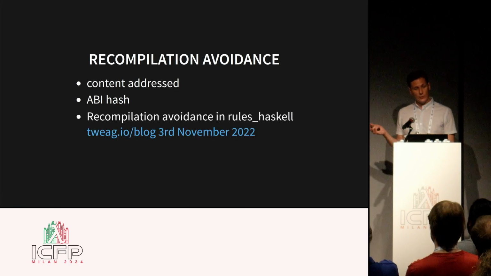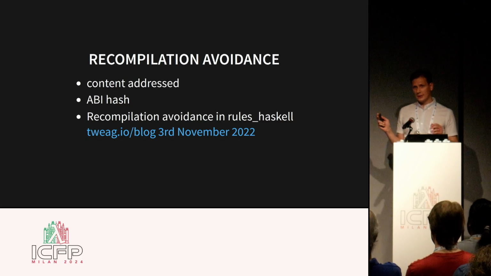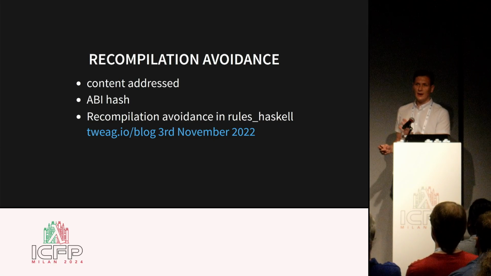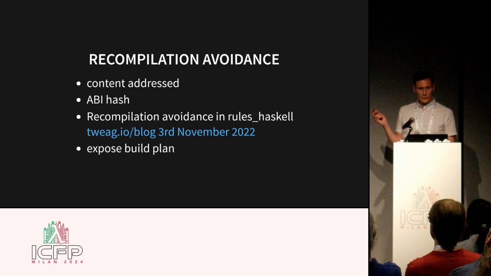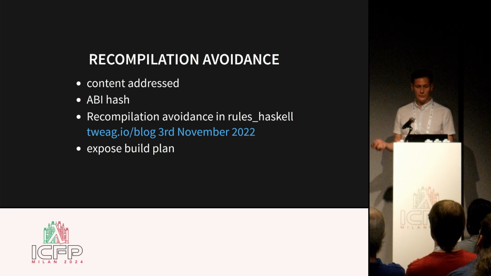So fortunately, we were able to apply the same trick that we applied in Bazel already, which is to use a feature called unused inputs. So we tell the build system, I promise you I don't use this interface file, even though we do. And we put the ABI hash into a separate input, and only that ABI hash input will invalidate the action, and the interface file will not. But future work there is we also want to expose the GHC build plan in a more structured way so that we can improve recompilation avoidance as well.